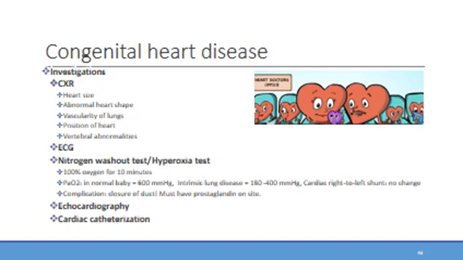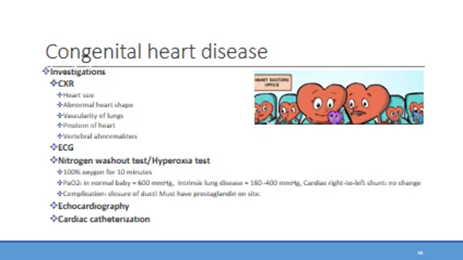One complication of this test is that if you have a duct-dependent heart lesion, it can be detrimental to the baby, and therefore you must have prostaglandin on site to open up a PDA if the baby's condition worsens during this test.